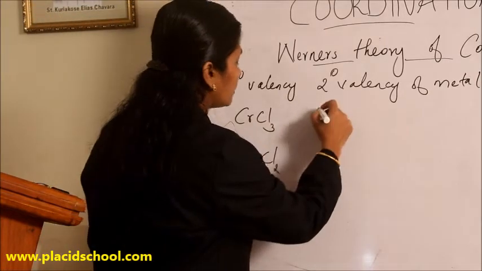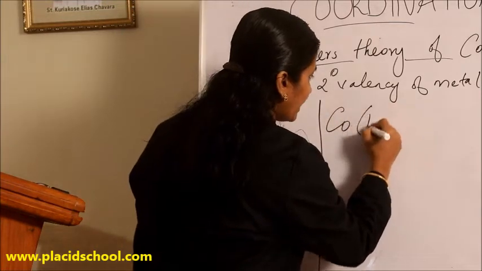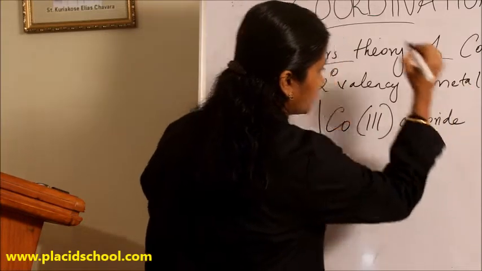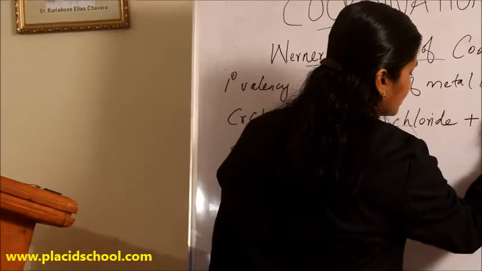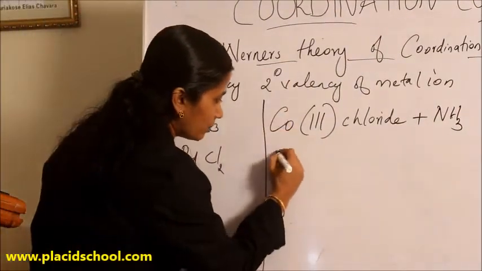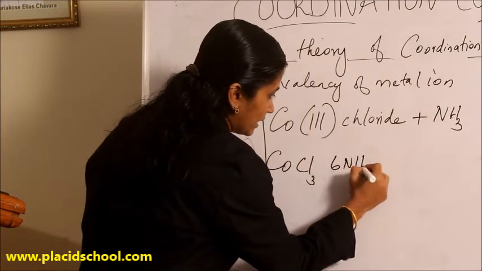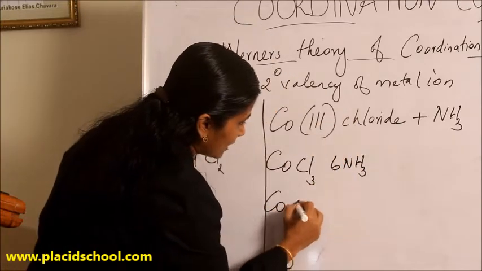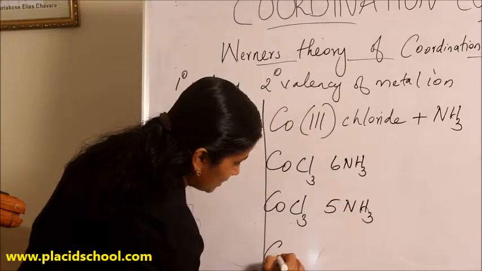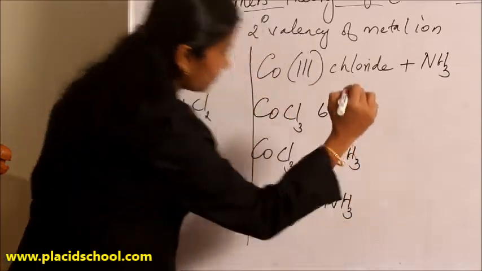Werner noticed that when cobalt 3 chloride is treated with ammonia solution, he gets different coordination compounds: CoCl3·6NH3, CoCl3·5NH3, CoCl3·4NH3.